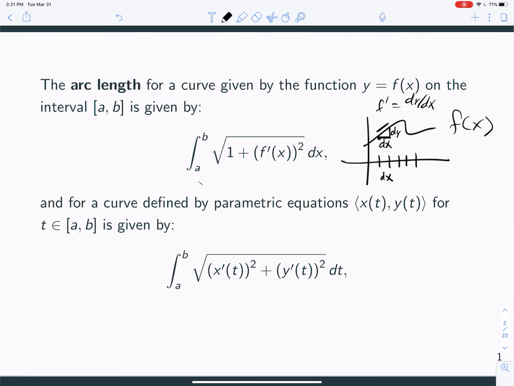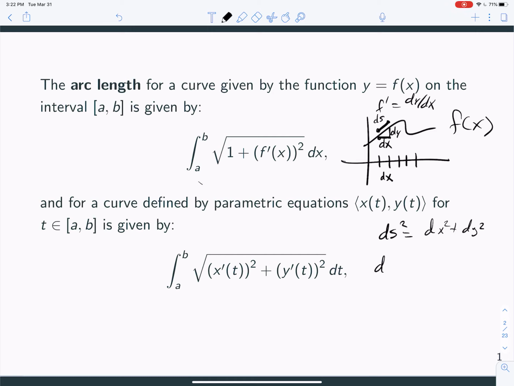And therefore, if you want to know what that length is right there, because an arc length is going to measure that length, that we might even call ds, well, you would say ds squared should equal dx squared plus dy squared.